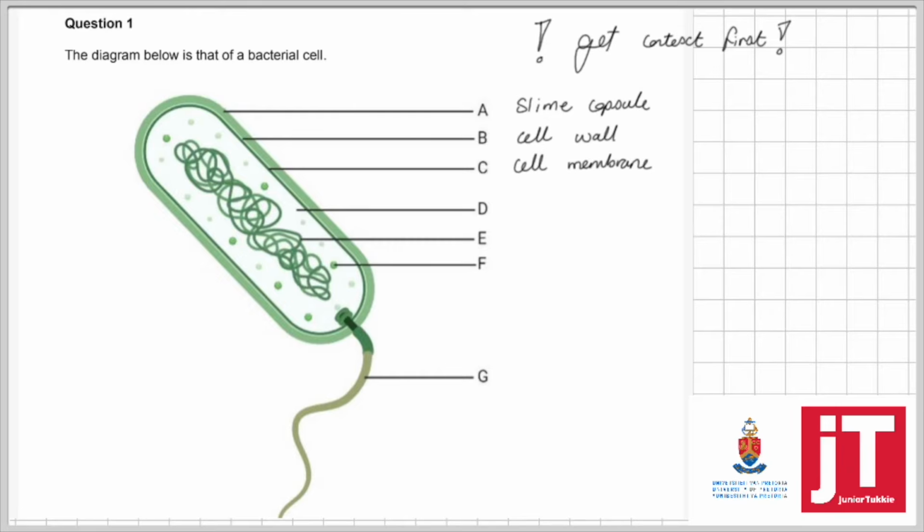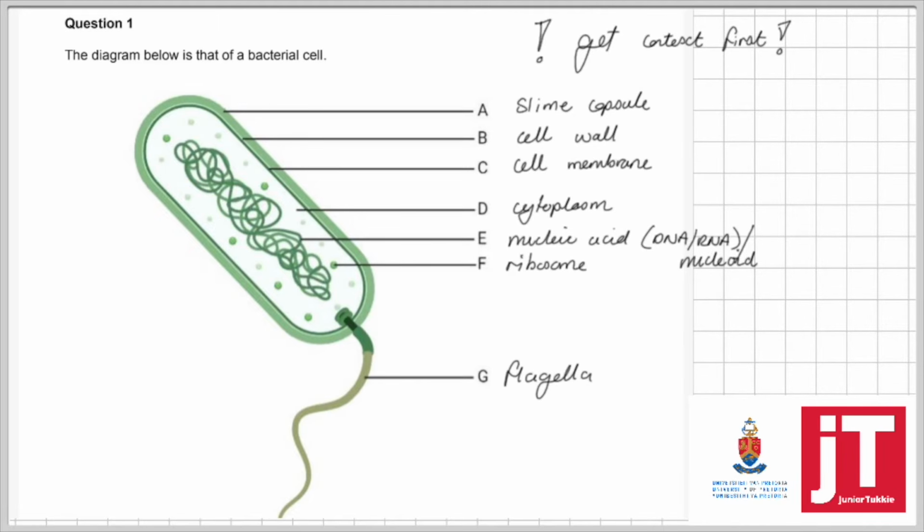We see that we have the cell membrane just under that. And then we move into the cytoplasm, label D. E, the nucleic acid or the genetic material. In this case, it could be either DNA or RNA. We can't be certain. Looking at the picture here, we see label F, the ribosome, and then G, the flagella. Okay, so we've got some good context here with regards to this bacillus. Now let's move on to the questions.